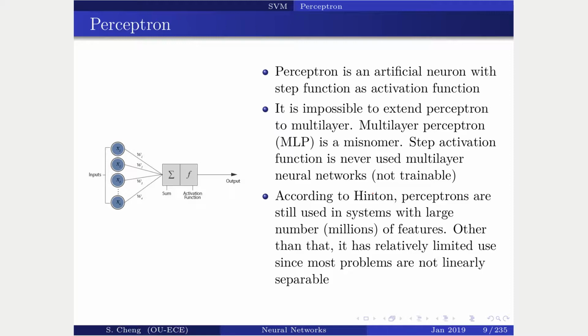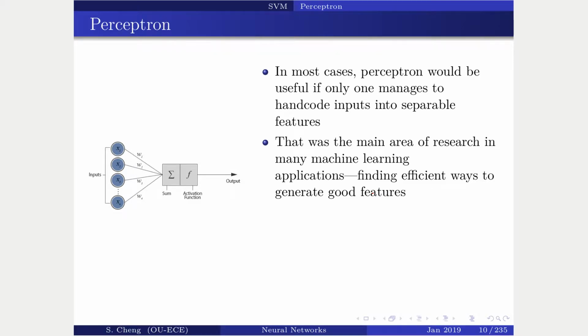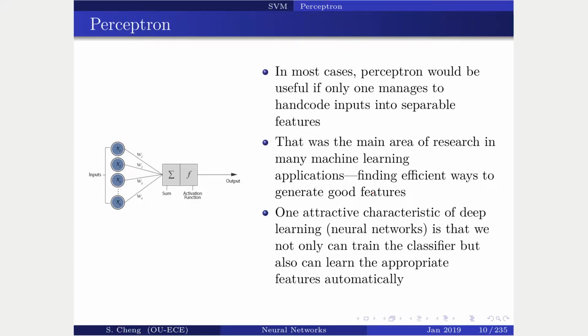And of course you can argue that if you do something like that, it probably is better to just use SVM. So therefore, I really doubt there's any actual significance of using perceptron nowadays. But just historically interesting, I guess.